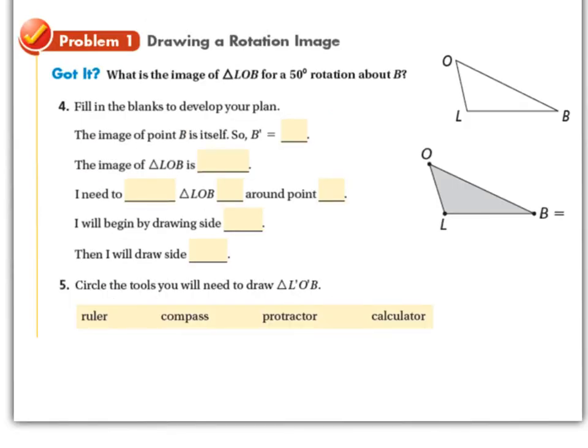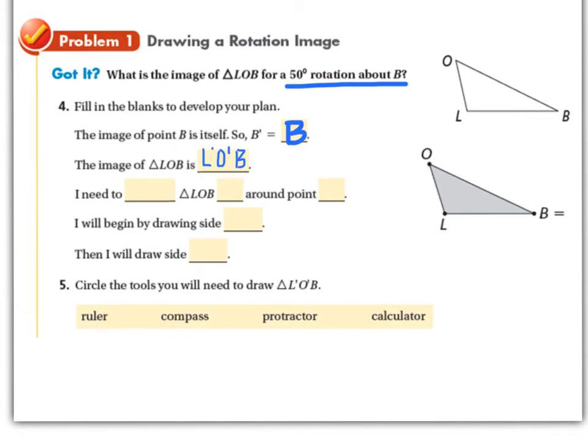Okay, so we're going to try to develop a plan for drawing a rotation. The image of point B is itself, if we're rotating it 50 degrees about B, so B prime is going to be the same thing as B. The image of LOB is going to be L prime, O prime, B is still going to be itself.